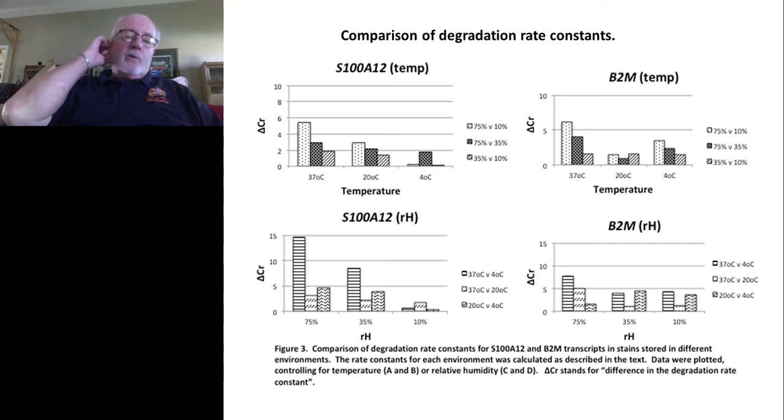So we're still dealing with evaluating this data to figure a way to incorporate it into, as I said, some sort of algorithm that retains the accuracy in estimating the age of a stain.